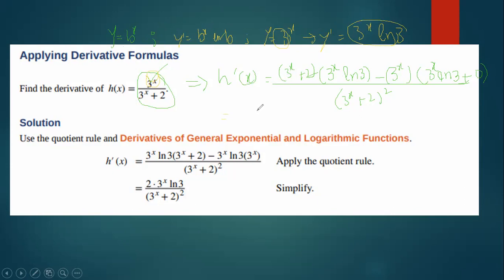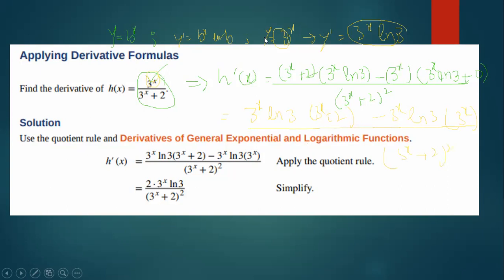So this will be 3^x log 3 times (3^x + 2), then minus 3^x log 3 times 3^x, whole divided by (3^x + 2) whole square.